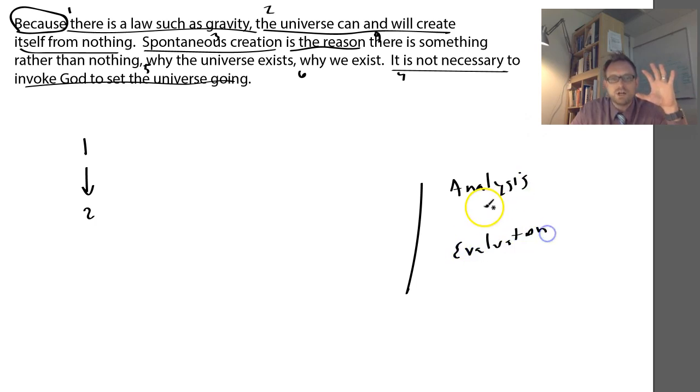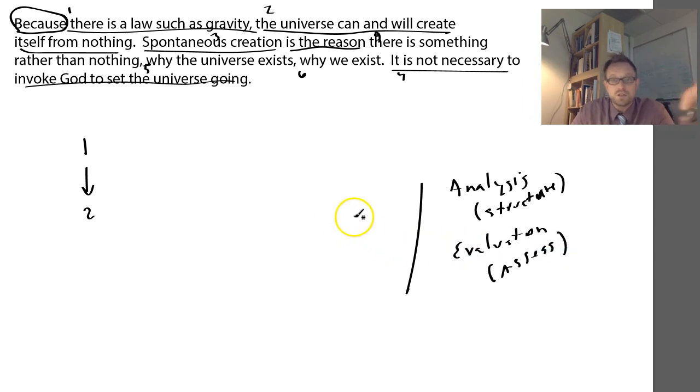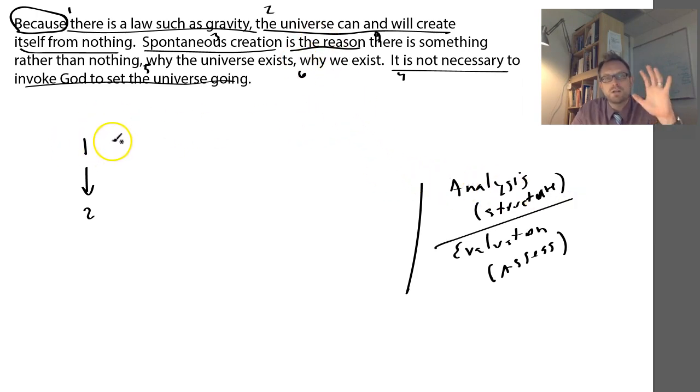First, we analyze the argument, and by analyzing, we look to see if we can understand what the structure of the argument is. Evaluation is when we assess the argument, when we determine if the argument is a good or bad argument. So right now, we're not evaluating it, so we're not looking to see if these are true.